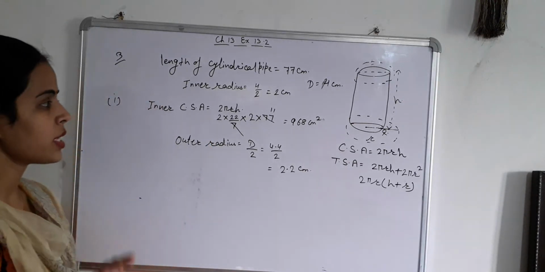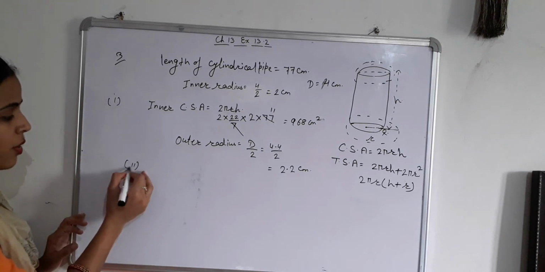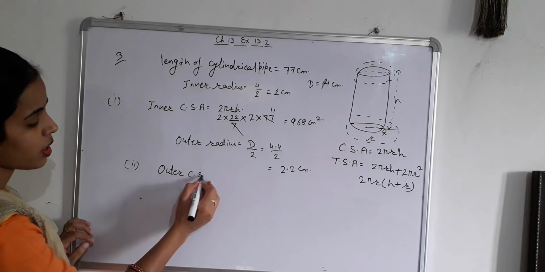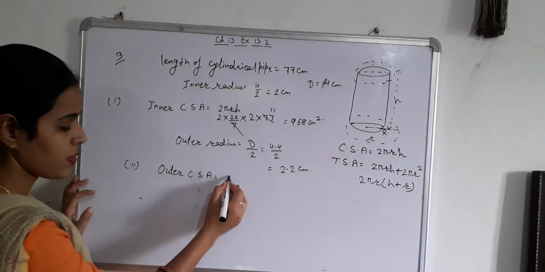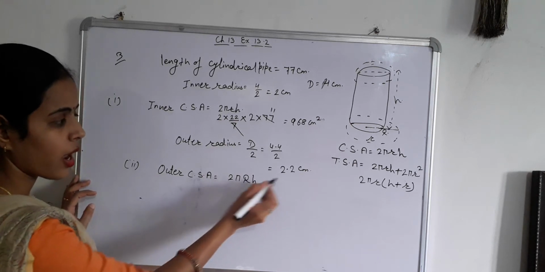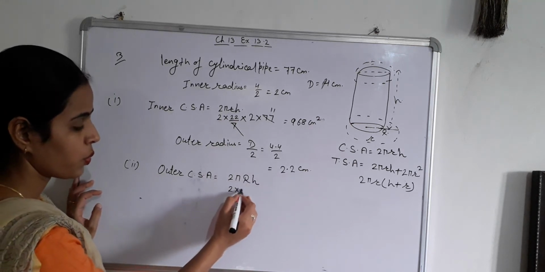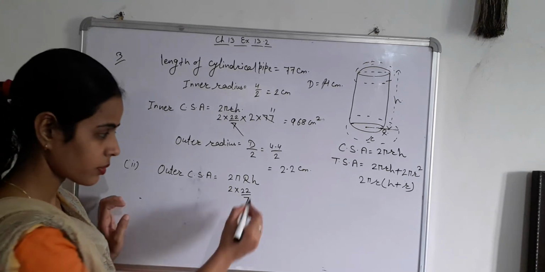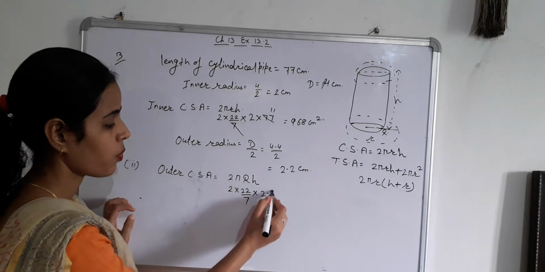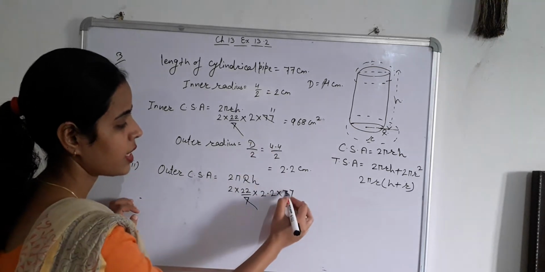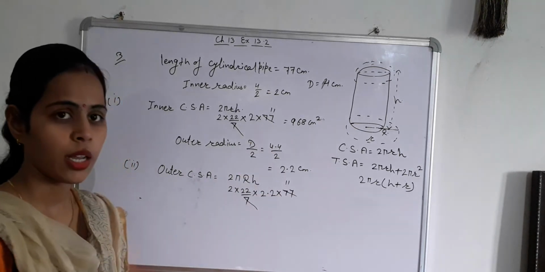Second part is to find its outer covered surface area. This will be equal to 2 pi r h. Here r is 2.2. 2 into pi, pi is 22 by 7, r is 2.2, h is 77. 77 is cancelled by 7, 11.